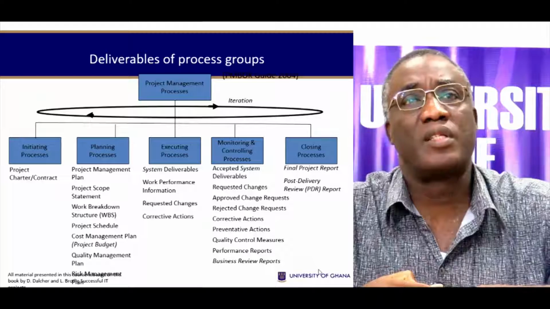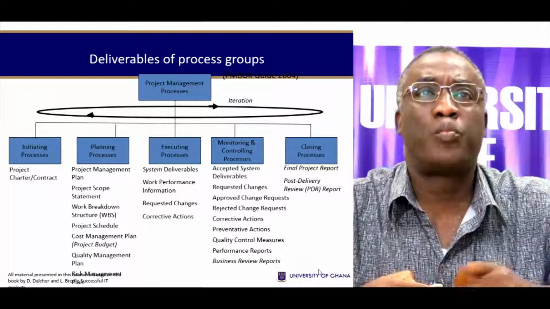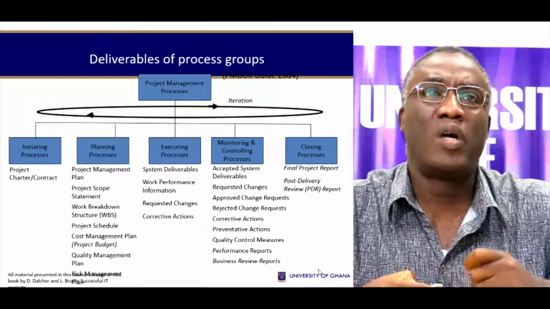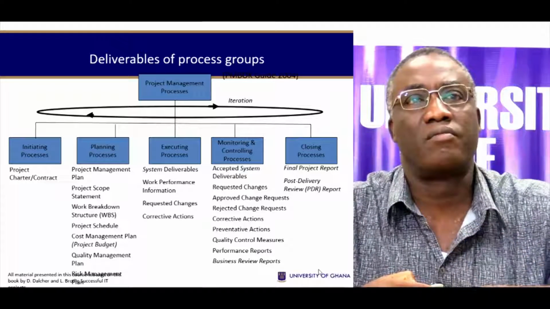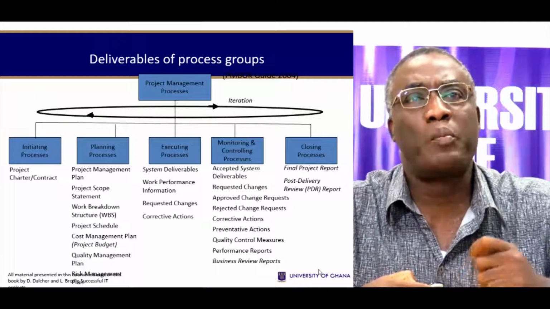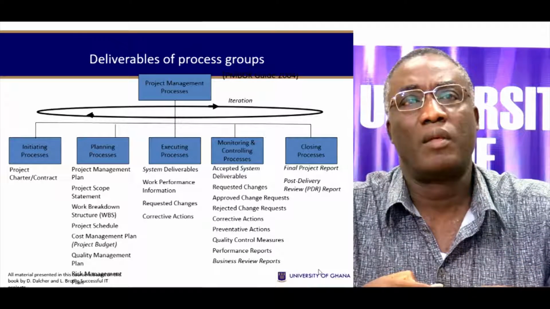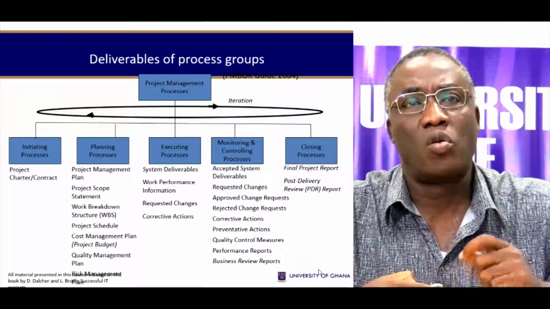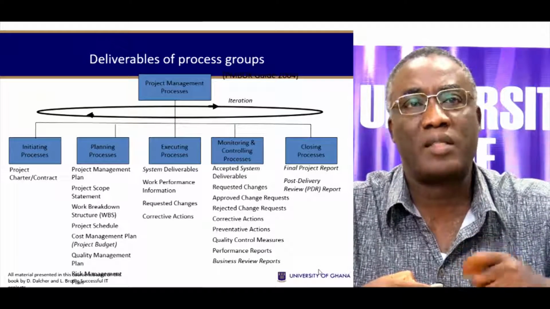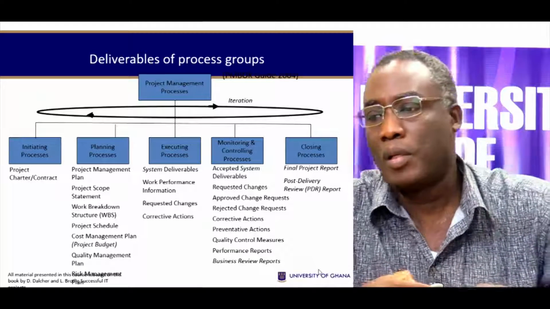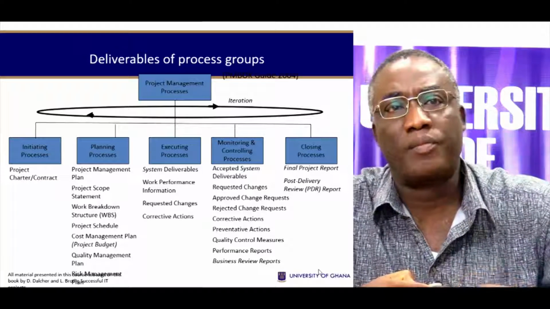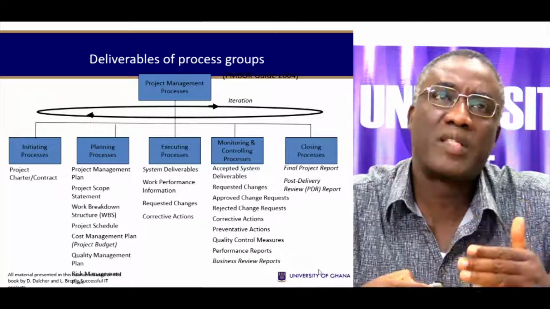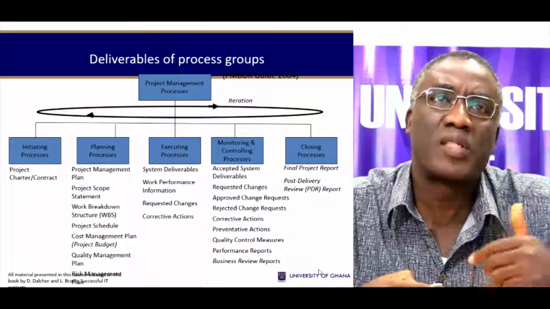Under the planning processes, the deliverables there are the project management plan, also a project scope statement, as well as a work breakdown structure, a project schedule, cost management plan, which is your budget, quality management plan, and risk management plan. So those are the deliverables for the planning process group.